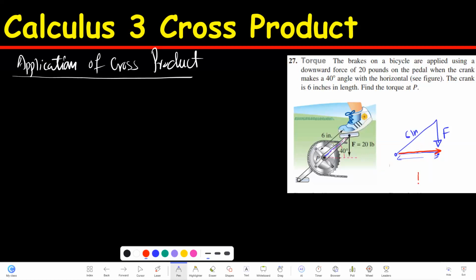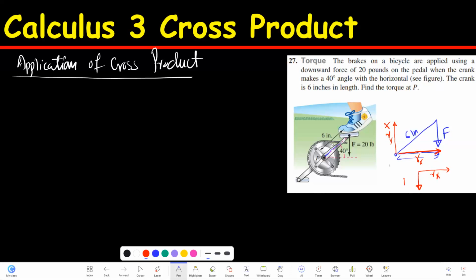So you can see the force is coming down, and this one is coming this way, right? Which I can call Rx, and there's an Ry here. Ry is not a concern for us because Ry is parallel to F. We don't care about this. We only care about Rx.